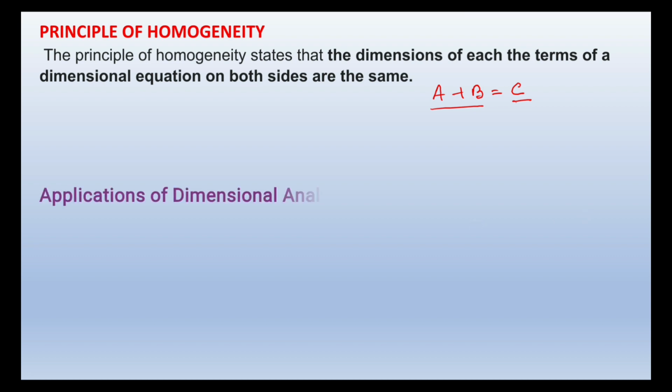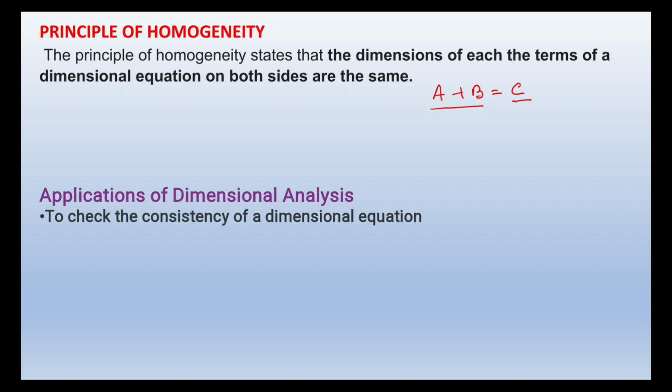Now, what are the applications of this dimensional analysis? There are different types of applications. The first application is to check the consistency of a dimensional equation. If we want to know whether an equation is correct or not, then we use dimensional analysis.